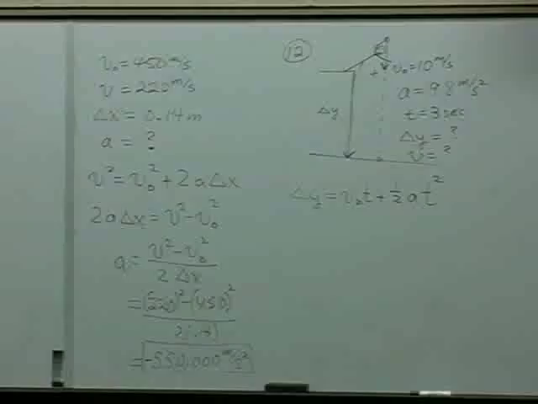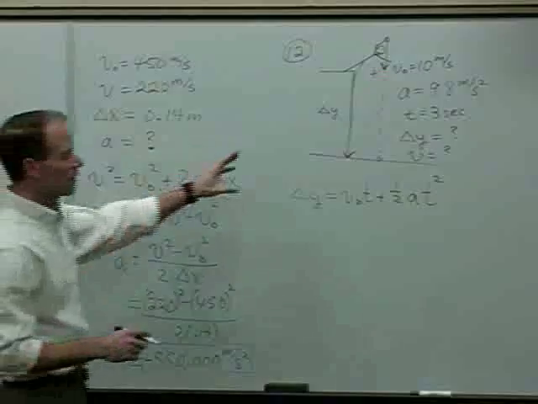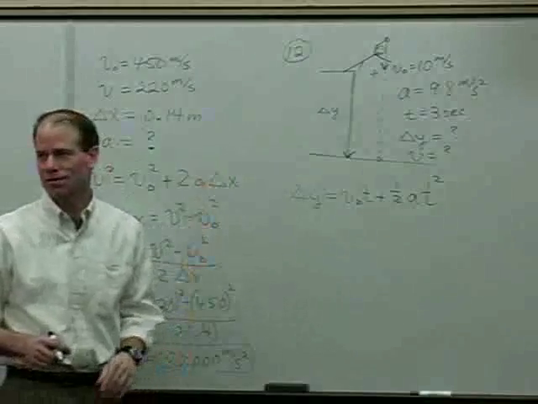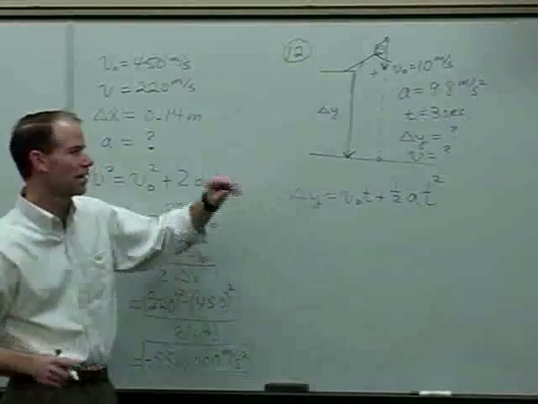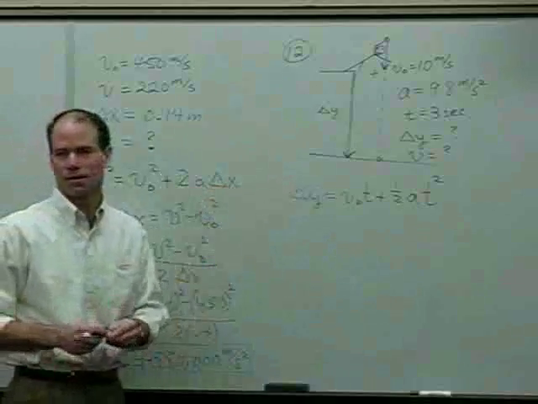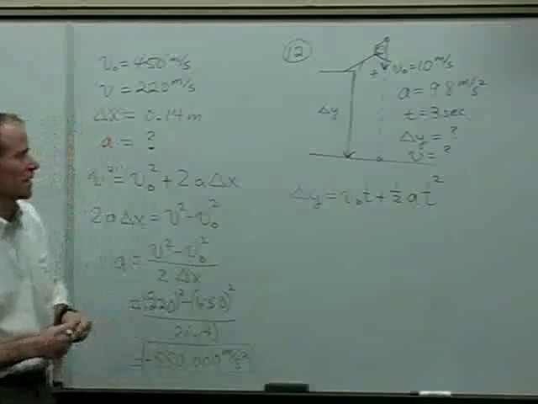I wouldn't try to do it all in my head, or jump into putting numbers in right away. Just write the formula algebraically as it should be. Don't put in any negatives, or if there's no negative sign, just write it like this, and then put your quantities in there afterwards. Some of them might be negative, in this case they're not.